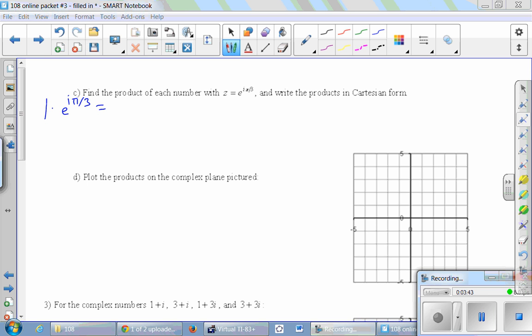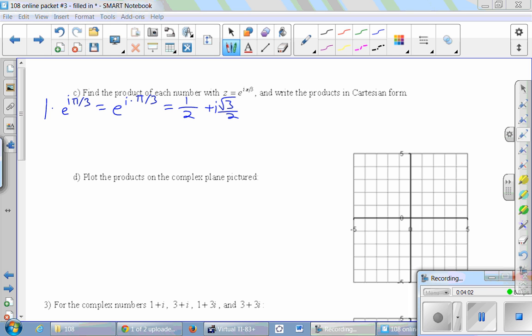I'll just change this to blue so it matches the color that we had on the previous page. So this is just e to the i times pi over 3, and we want this in Cartesian form, so we've done this already. It's still a half plus root 3 over 2 times i.